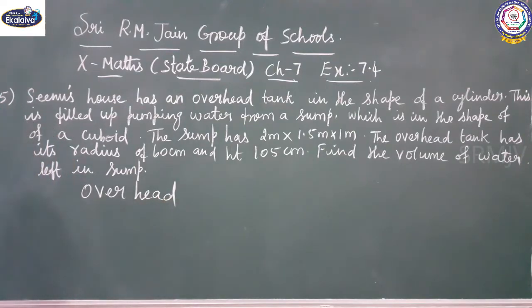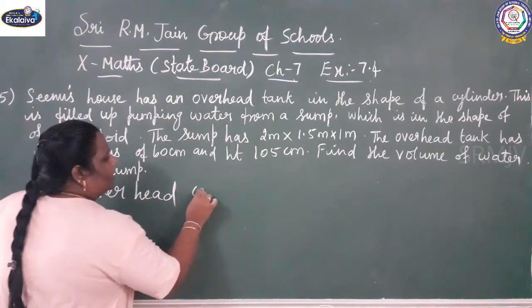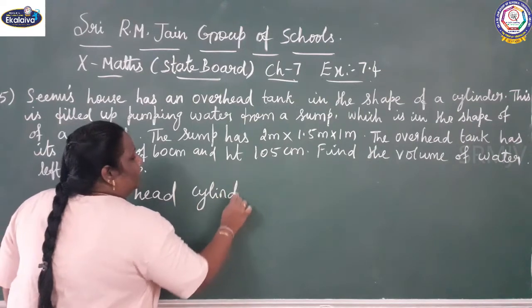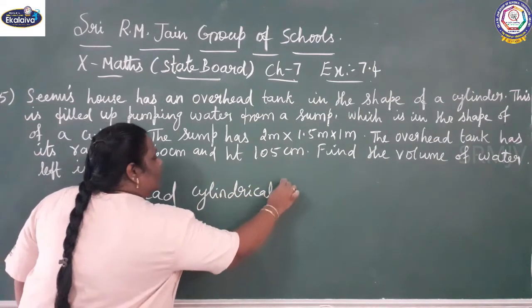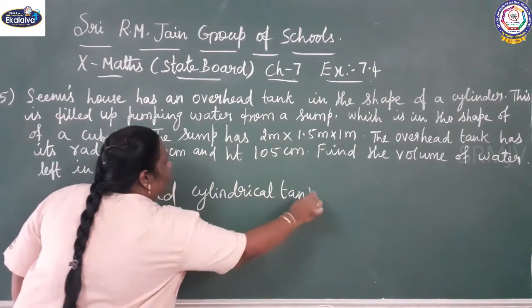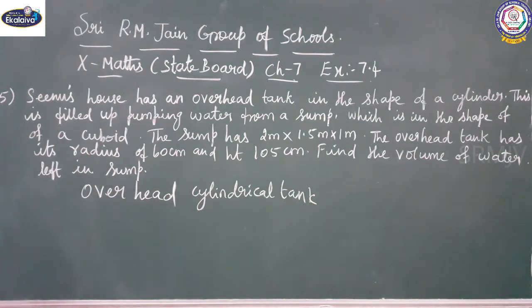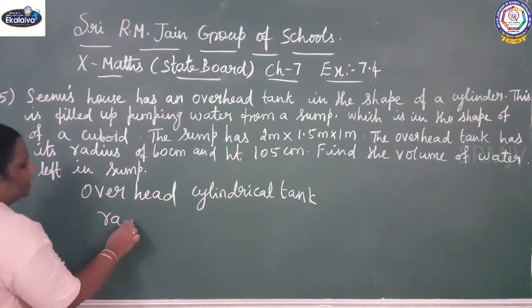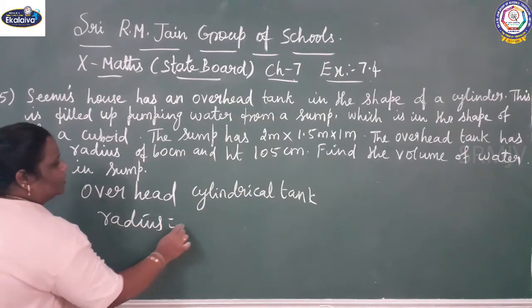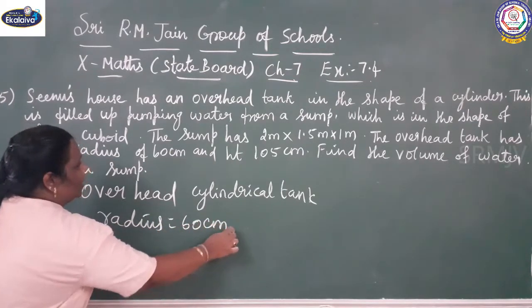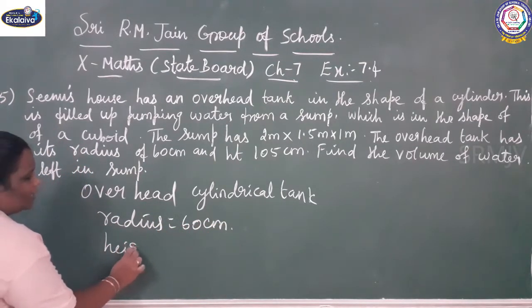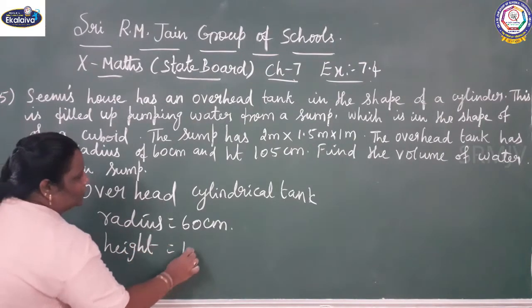Overhead tank is nothing but a cylindrical tank. Cylindrical tank radius equal to 60 centimeter and height equal to 105 centimeter.